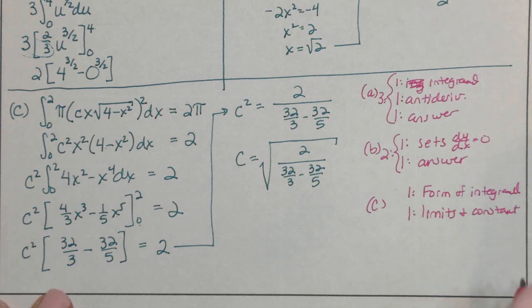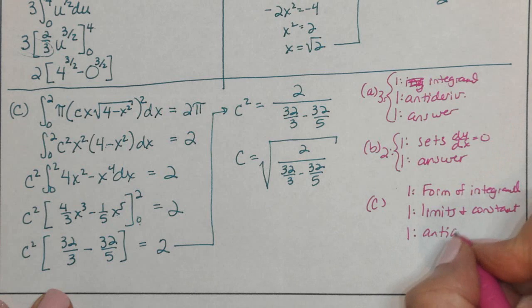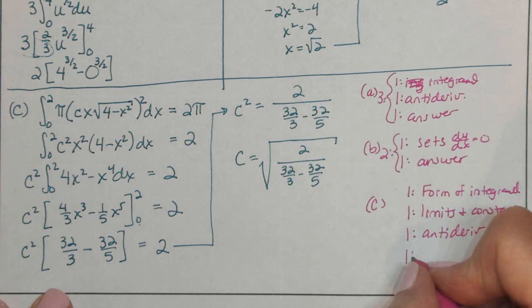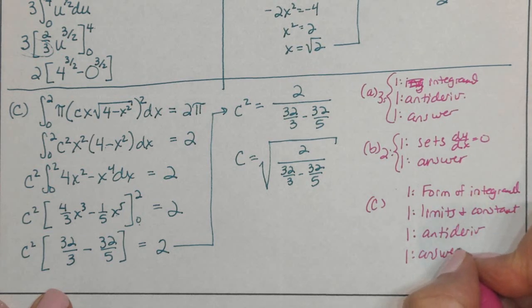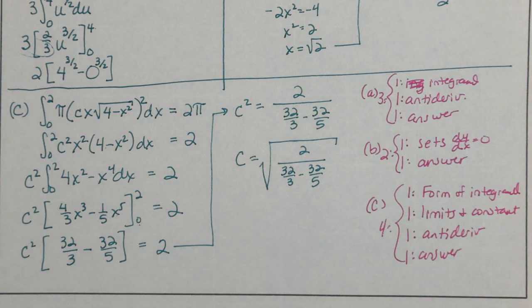Did you use the right boundaries? 1 point was for the antiderivative. 1 point was for the answer. 4 points. Okay, I did 2. You do 3. Okay, good luck. Always do these. I'm only assigning 3 problems. So always do these.